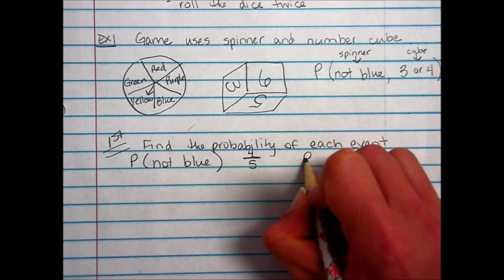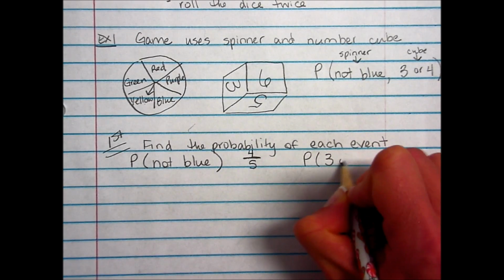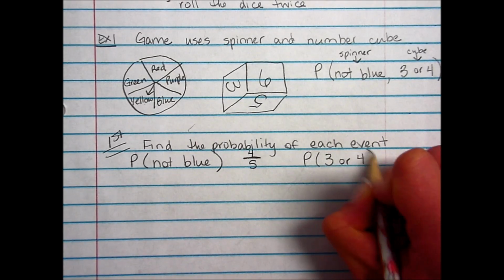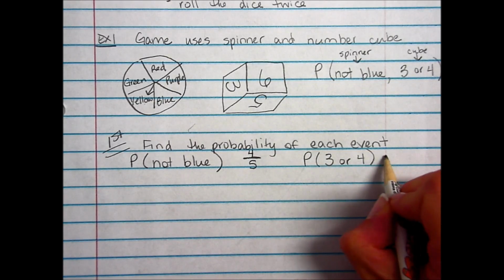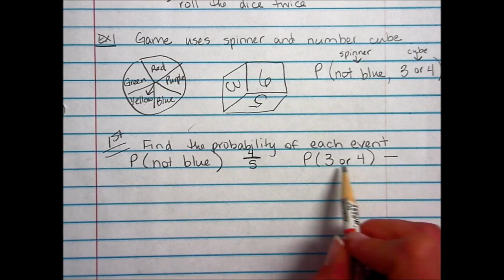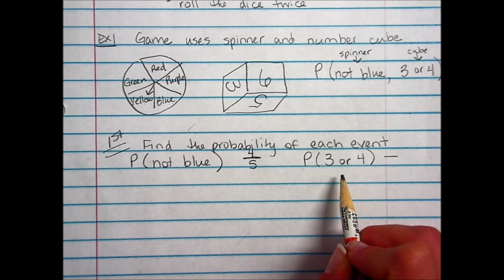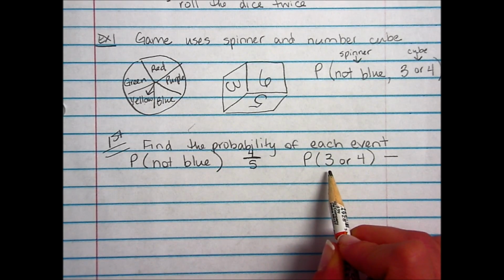All right, and then what's the probability of getting a 3 or a 4 on a number cube? On a regular number cube, you get 1 through 6, one of each number. So we want to put the favorable outcomes on the top, the total number on the bottom. On the number cube, how many 3s are there?